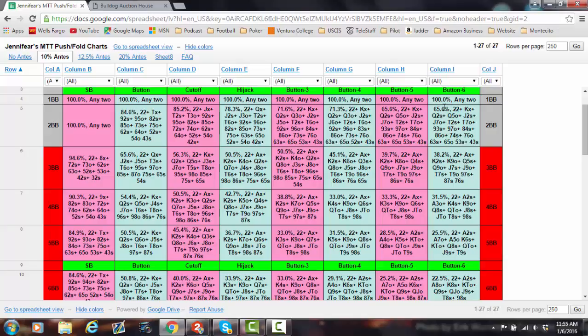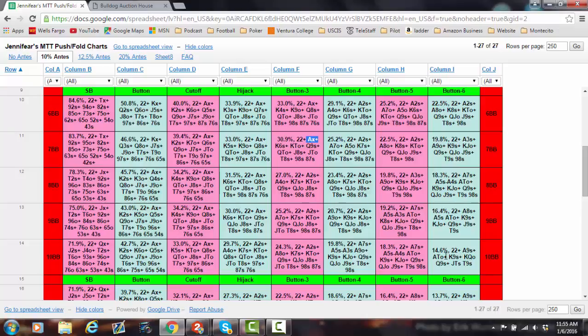He's basically saying that what he does, according to this chart, is he shoves a little bit tighter under the gun. The example he gave was, would you shove ace-10 suited under the gun with 10 big blinds? I looked at the chart and said, yeah, I would shove that. And he said, see, I would fold there.